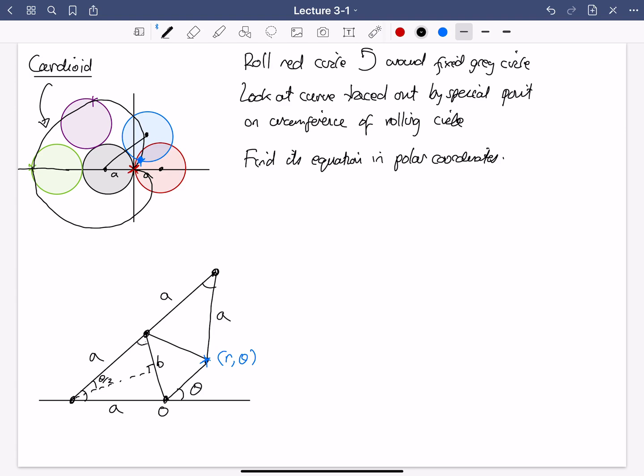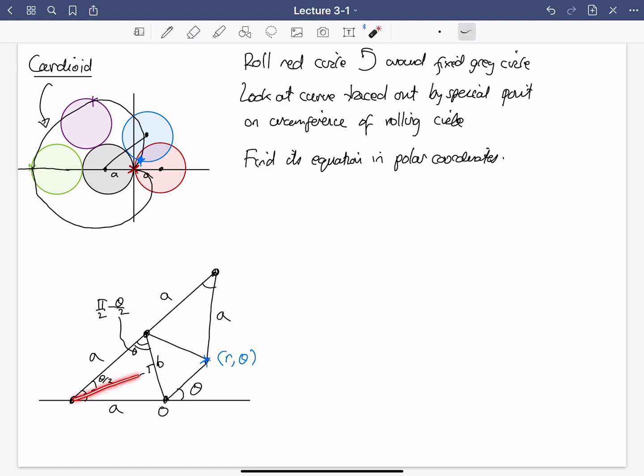That angle there would be pi by 2 minus a half theta, because the angles inside this add up to pi, and one of them is pi by 2. So that angle there is going to be pi over 2 minus theta over 2.